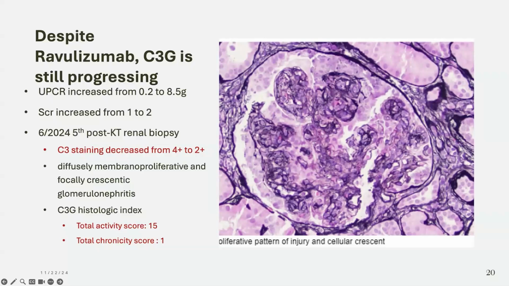So this patient's kidney biopsy showed it's very active and almost only active, indicating extreme complement activation. So this patient seems a great candidate for complement inhibitor treatment. We didn't repeat all those complement level tests and function tests after kidney transplant, but at this moment, the patient still has low C3, normal C4.